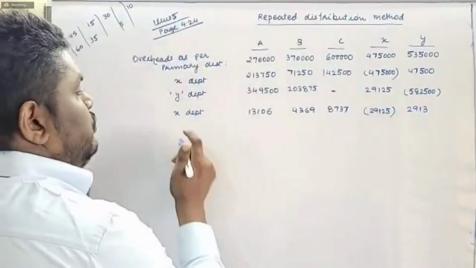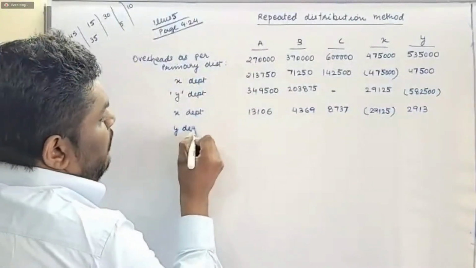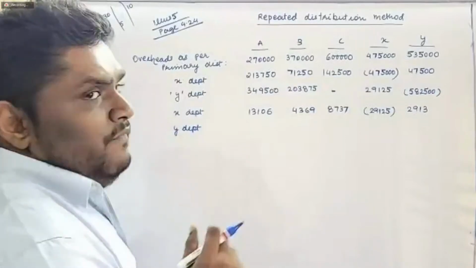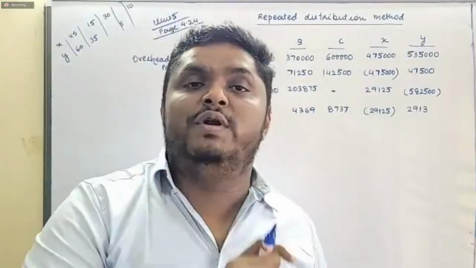Now we'll again distribute the overheads of Y department. We will continue this process till the time the figure is of 2 digits.